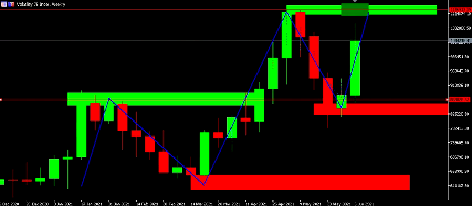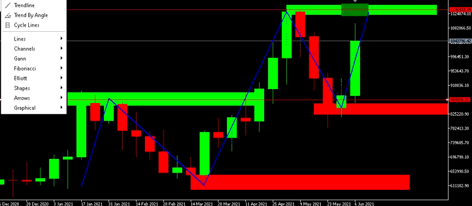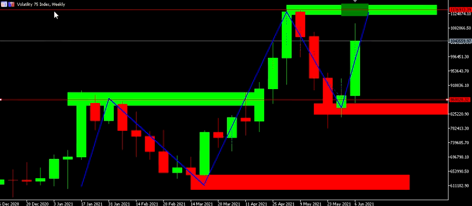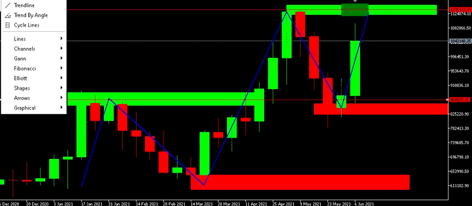But before we get to the daily time frame, we have established a high, a low, a higher high, and a higher low.